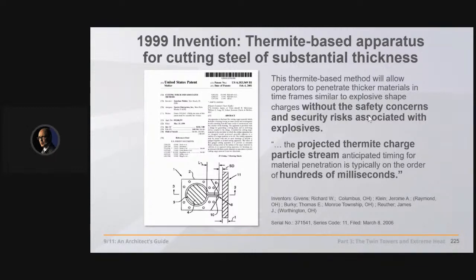Now, why wouldn't they have used high energy explosives like C4 and RDX? RDX being more commonly used in controlled demolitions. Well, those provide an extremely loud bang and a bright flash.